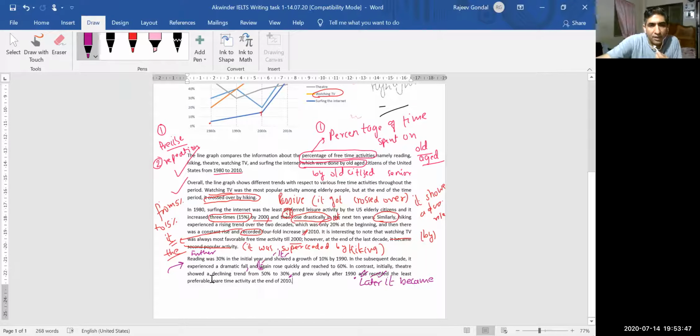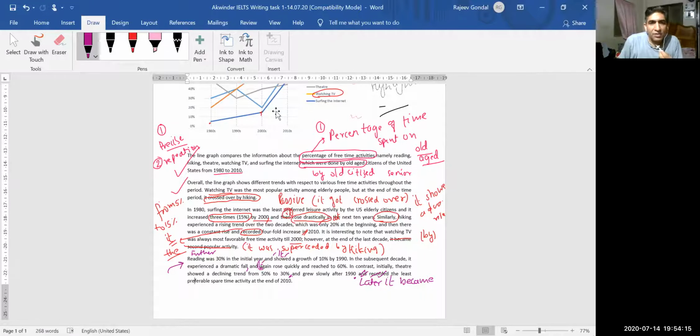At the end, you can write a little bit, although it is not required, so fine, this is fine. I was just saying that maybe you can write: overall, different activities showed varied trends. Overall there were huge differences in the trends of different activities during the span of 1990 to 2010.